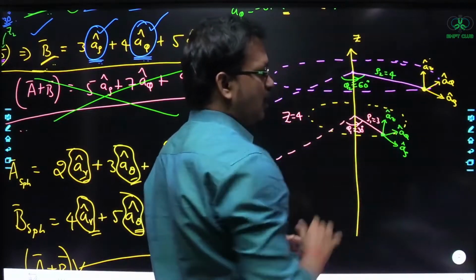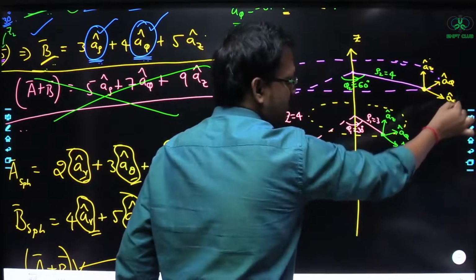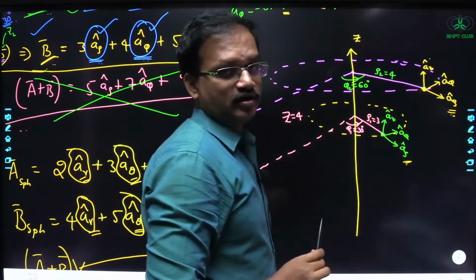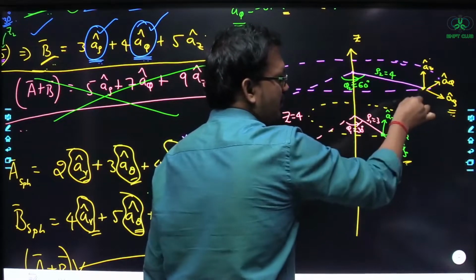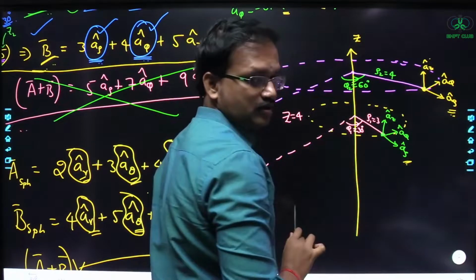Now if you observe, the ρ cap direction here and the ρ cap direction here are both different. The φ cap direction here and the φ cap direction here are also not parallel, both are different.